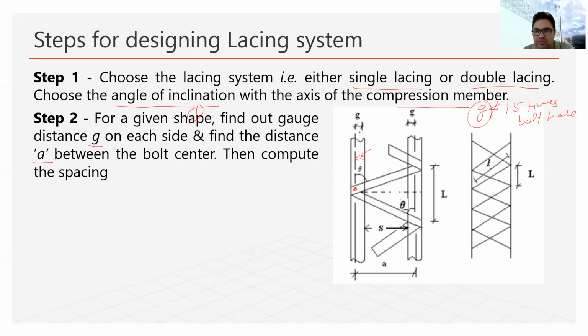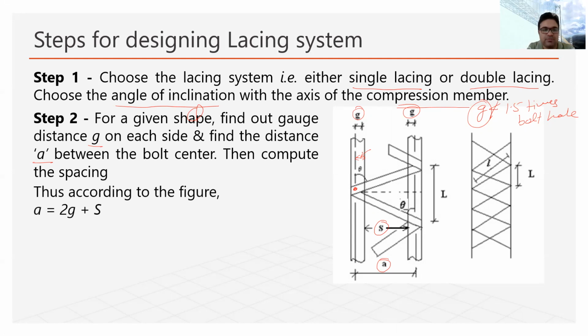So once we find out the g value, we try to find out this a value. Now a value will be the sum of s plus 2 times of g from both ends. So a value is required to be found out, and we can easily find out this s value. I have already explained when I was solving example 1 of this lecture. So in that we have found out the spacing.